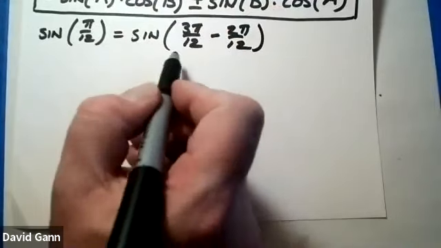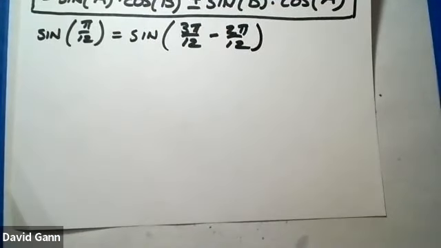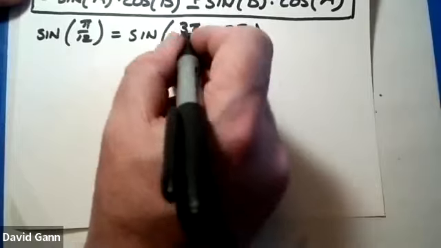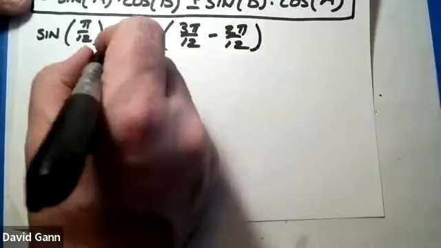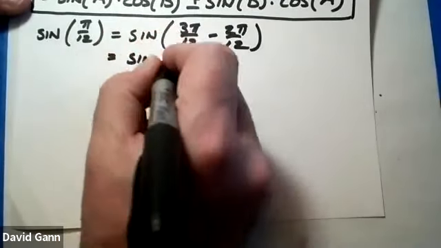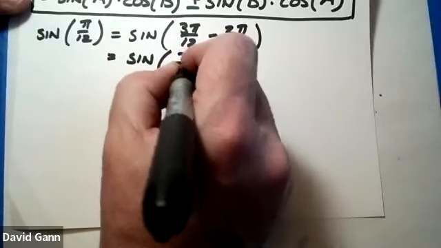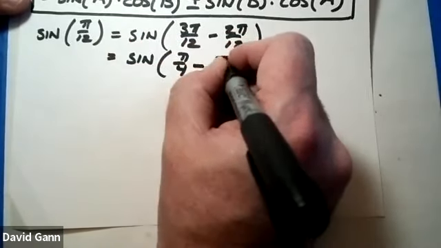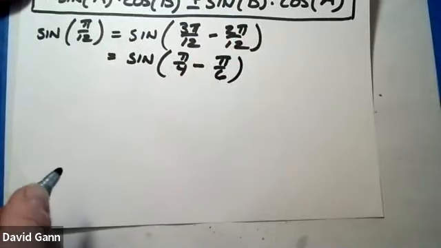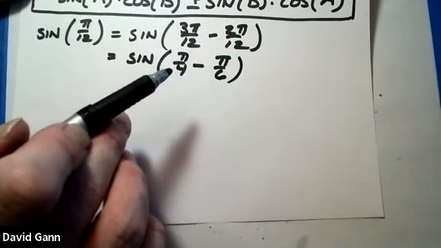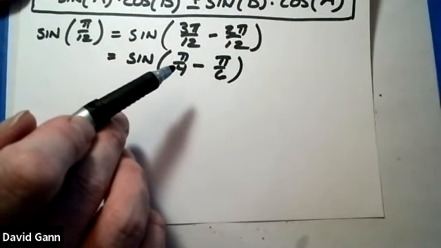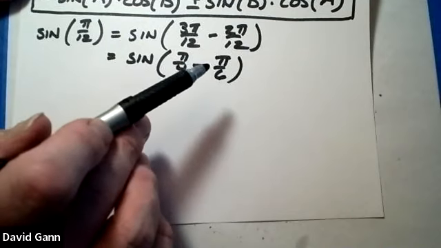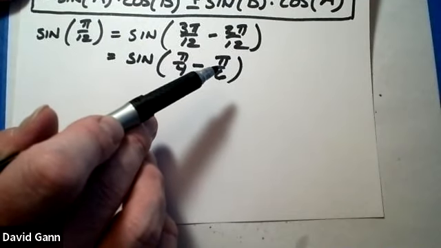It seems kind of weird, but then I simplify these fractions and end up with sine of pi over 4 minus pi over 6. Recall this is 45 degrees, equivalent in radians, and this is 30 degrees.